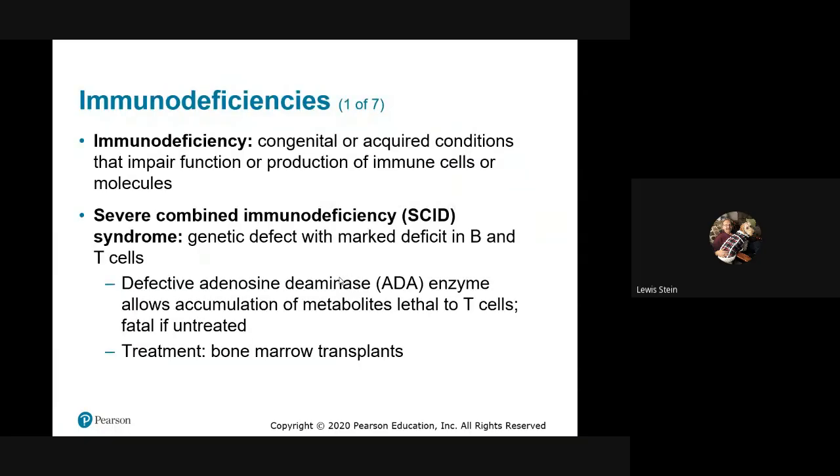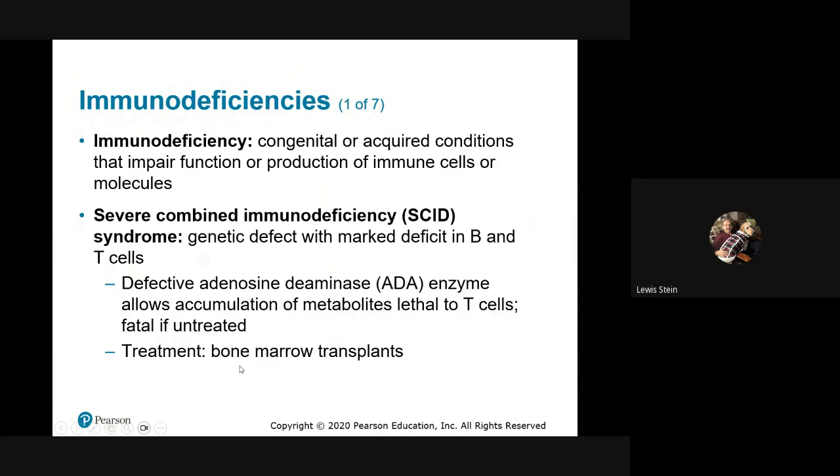Immune problems, yes. First, we'll start with immunodeficiencies. They are less common than you think. You can have them, and this is very famous, congenital or acquired. Congenital used to be called SCID, severe combined immunodeficiency syndrome, deficits in B and T cells, a particular enzyme, and so on.